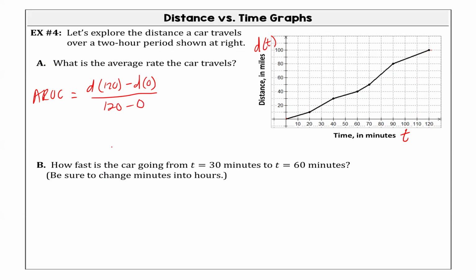In this case, I set up, but can I actually now plug in values? I can. I can actually tell you what D of 120 is and what D of 0 is. Thank you. D of 120 is 100. 100 miles. D of 0 is? And 120 minus 0 is?